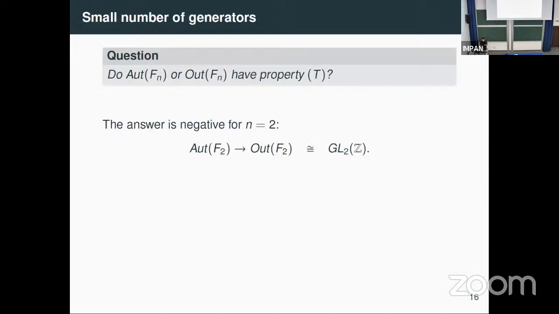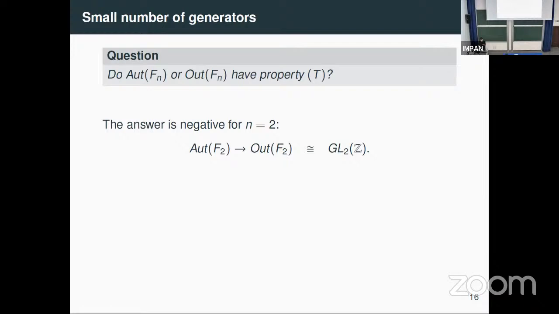Okay, so in the case of SLn, it was property T starting with n equal to 3. So there's a certain point at which there is a transition. Here it was known for a long time that for low indices, nothing similar to property T could be true.